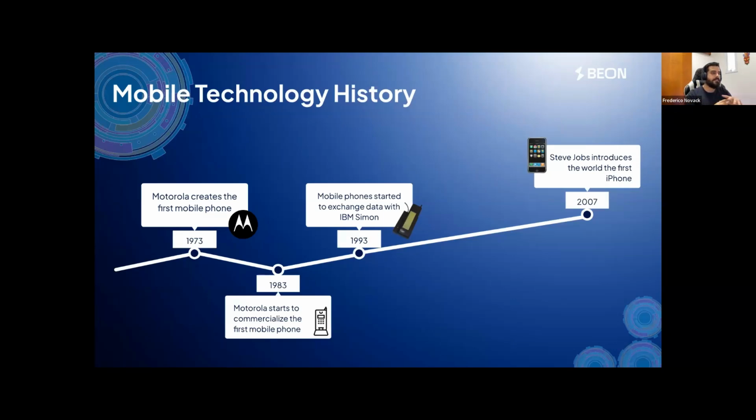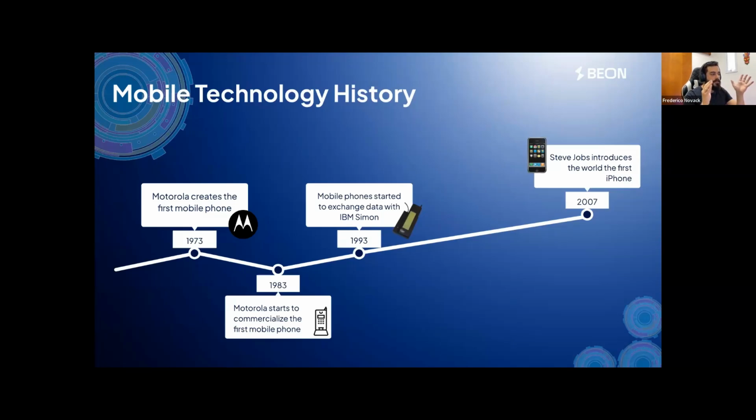That was one of the best technologies introduced by the iPhone. We did have the iPod Touch before that. Microsoft tried a few phones before the iPhone, but the one that really worked and had massive adoption was Steve Jobs with the iPhone.